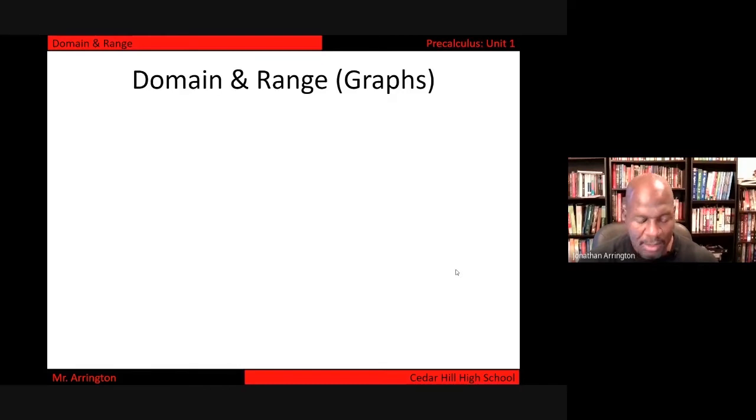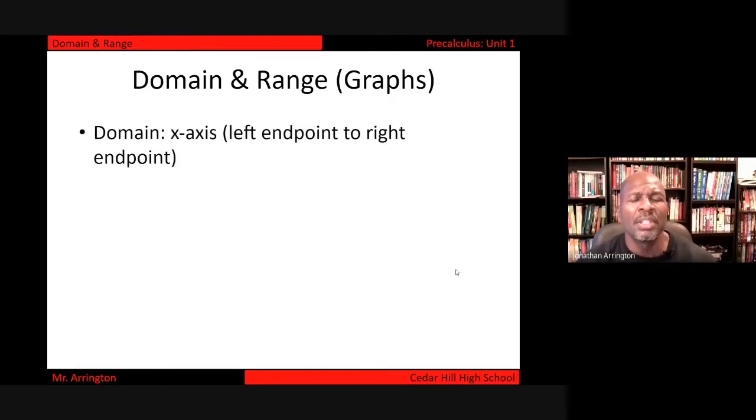Okay, and so when we look at domain, if you think about how we did it analytically, it was the x values that we plugged into the function, what x values it could take. Well, the x values correspond to the x-axis from a graphical standpoint, which is a horizontal axis. And so the domain would represent the left and right endpoint of that particular axis.